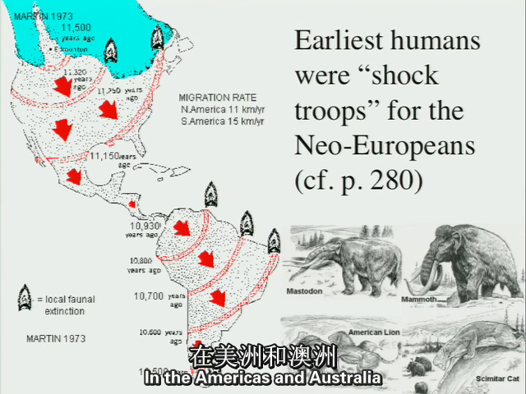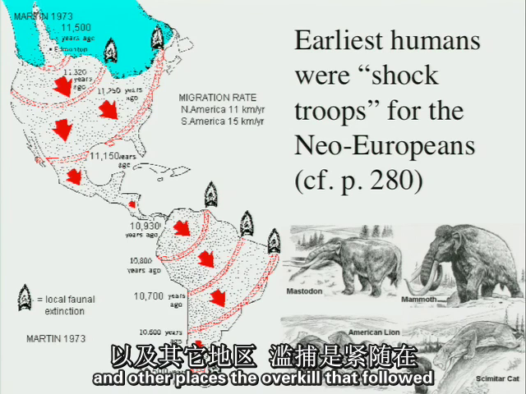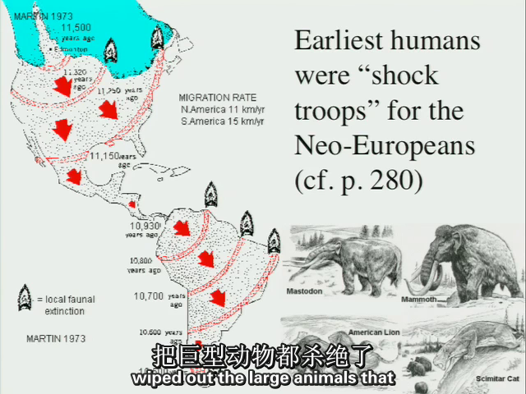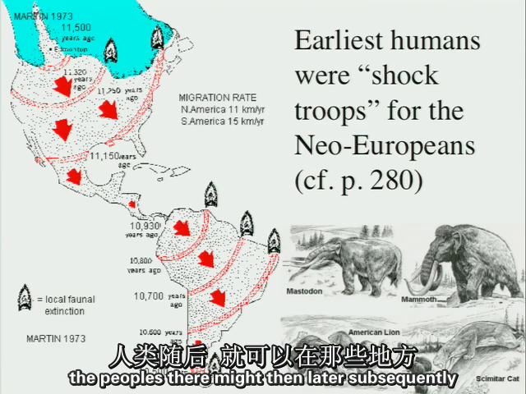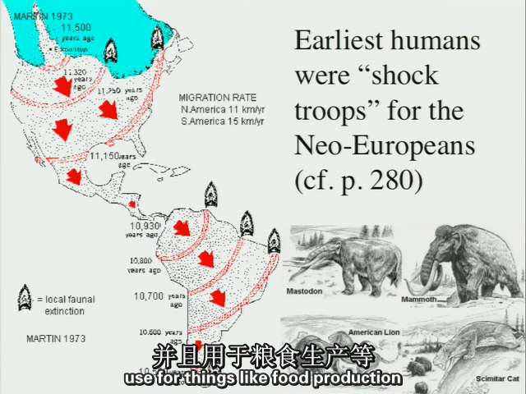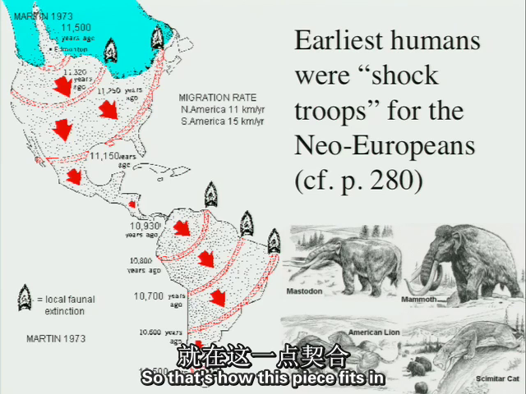In the Americas and Australia and other places, the overkill that followed on the heels of the first arrival of humans wiped out the large animals that the peoples there might later have been able to domesticate and use for things like food production. So that's how this piece fits in.